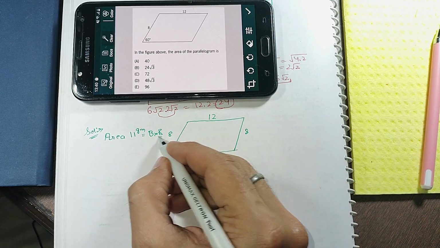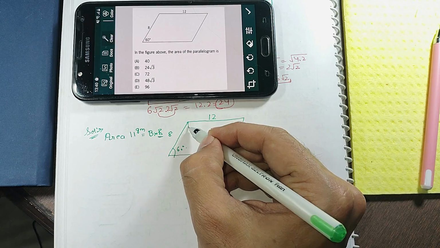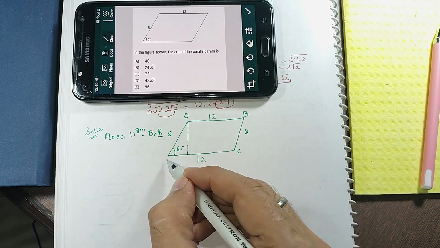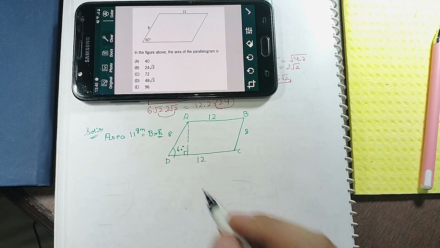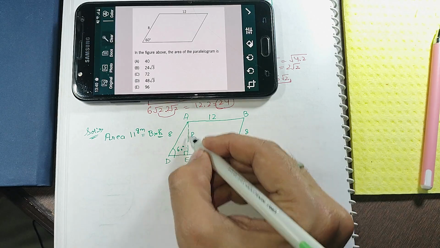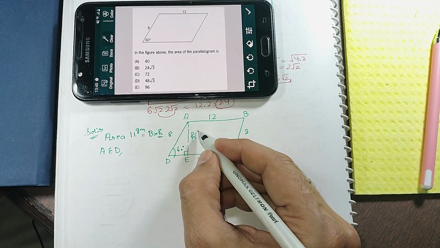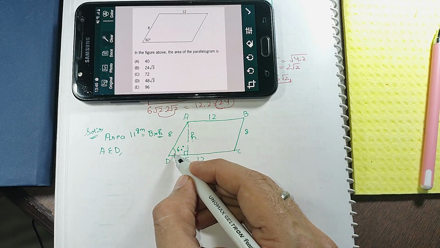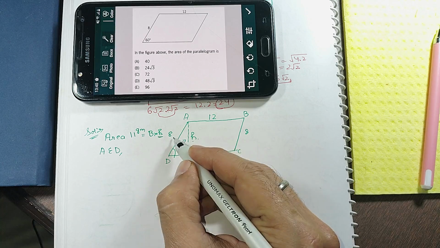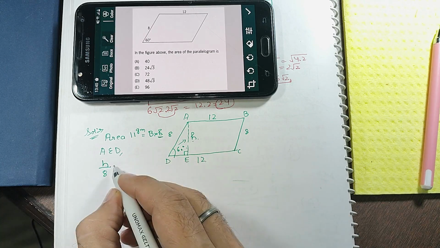For calculating the height, meaning the distance between these two parallel lines, we will draw a perpendicular from side AB on CD. This is 90 degrees and this is the height. If we see closely, AED is a right triangle and we need to find H from this. This is the 60 degree angle, so the side opposite to the angle is the perpendicular and this is the hypotenuse. So we need to find H by 8, the hypotenuse.